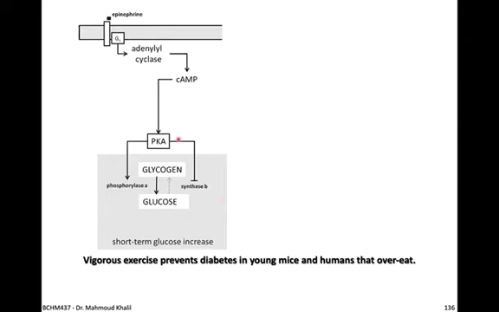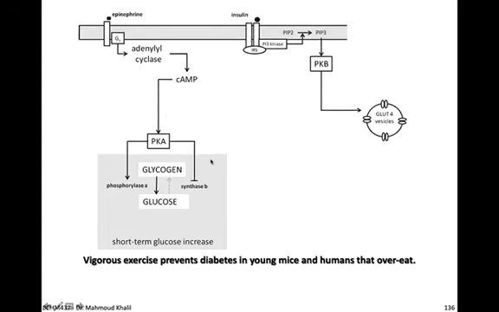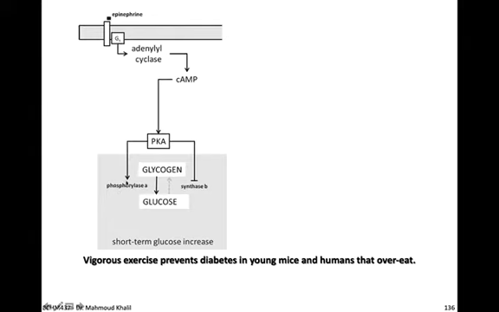So how does PKA do this job? Actually, it does the job by activating phosphorylase A and inhibiting synthase B. Both of these enzymes are antagonistic to each other, and if you study biochemistry, you know well this mechanism.